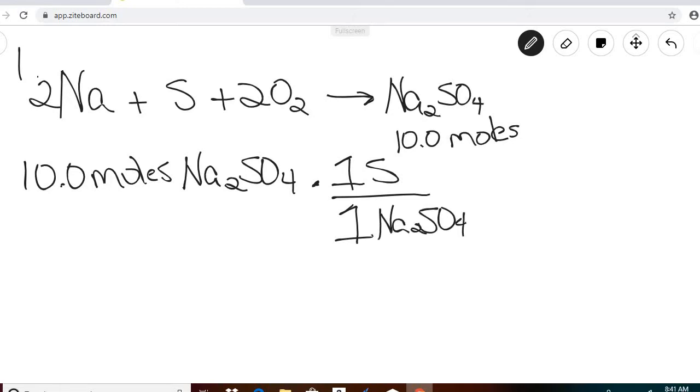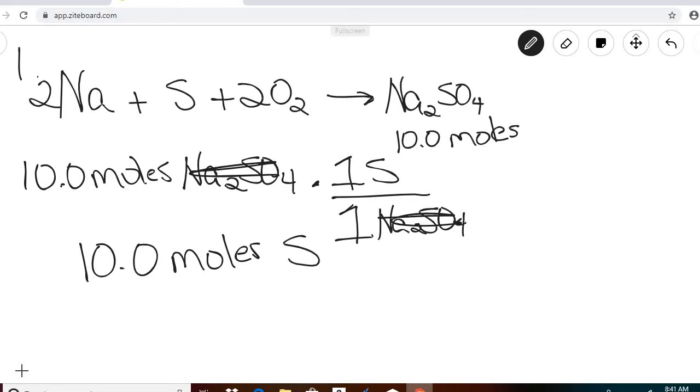Okay, so that's going to be exactly 10 times 1 divided by 1 is 10. So the Na2SO4s cancel, and you will have 10.0 moles of sulfur.